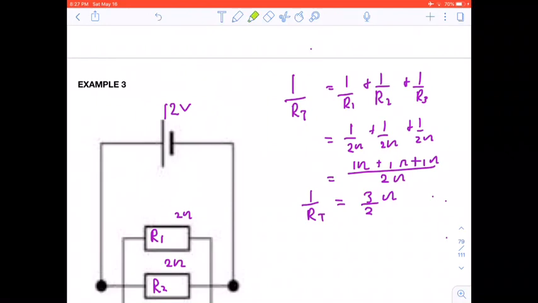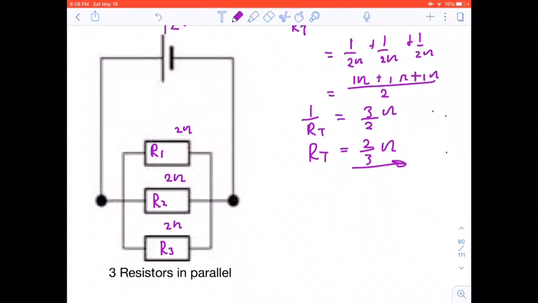Sorry about that. Right, it gives me 3 upon 2 ohms, and RT is equal to 2 upon 3 ohms. That is my total resistance for that particular circuit.